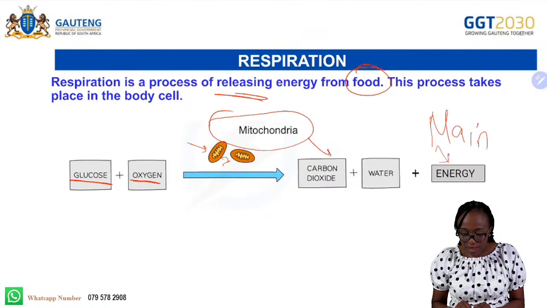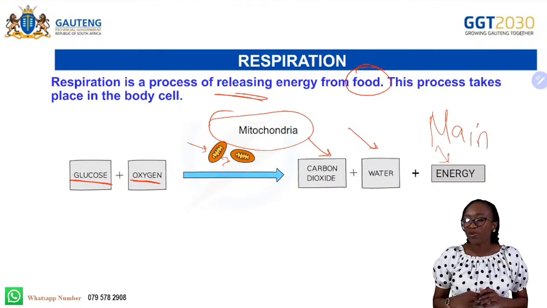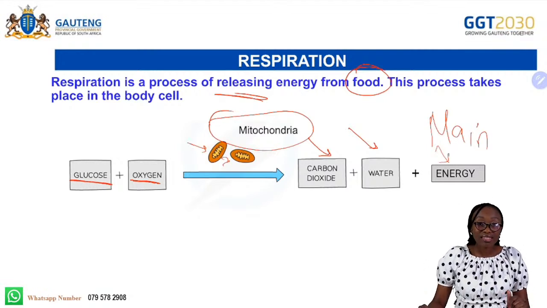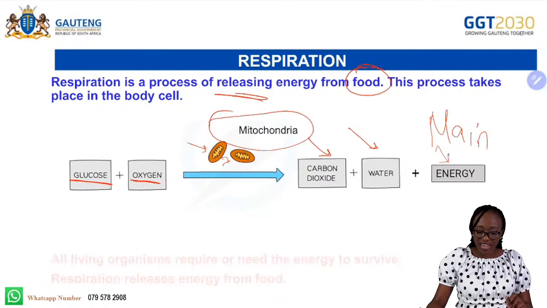The other products are carbon dioxide, which plants need for photosynthesis, and water, which plants also need for photosynthesis. So this is respiration, glucose plus oxygen inside the mitochondria to produce carbon dioxide, water, and energy, which is very important for the life processes.